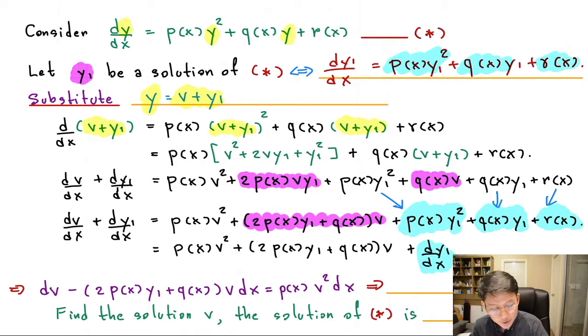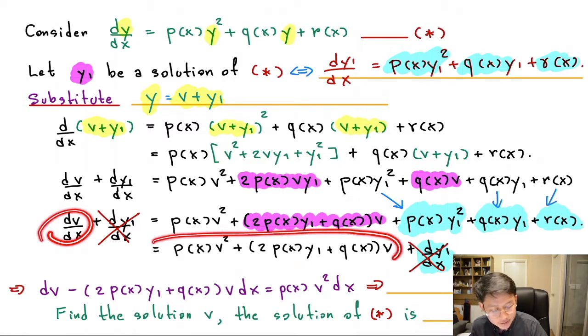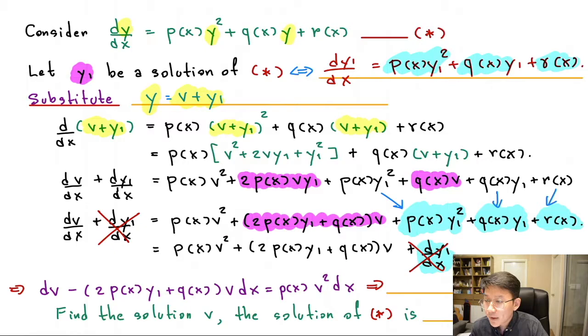Okay, and because of that, dy1/dx terms cancel out. So this is the equation that we have. This equals this. Okay, and then we multiply the x up there, and then we move it to the left hand side. So this is what we have.